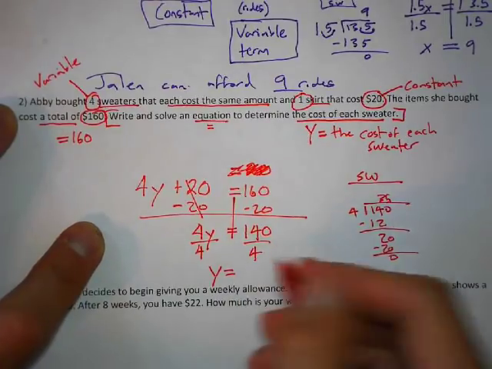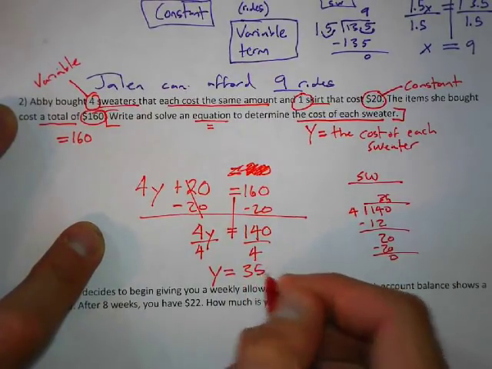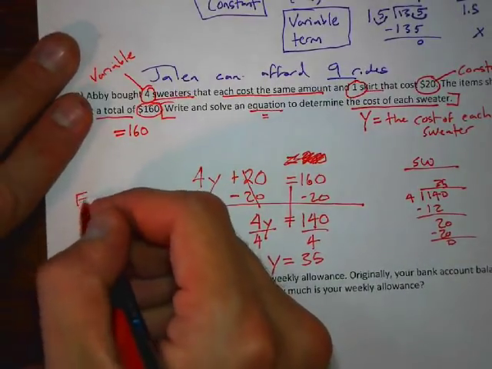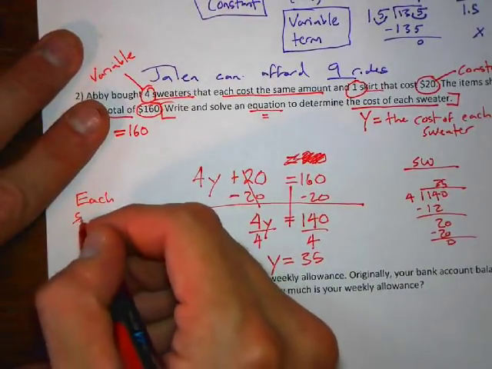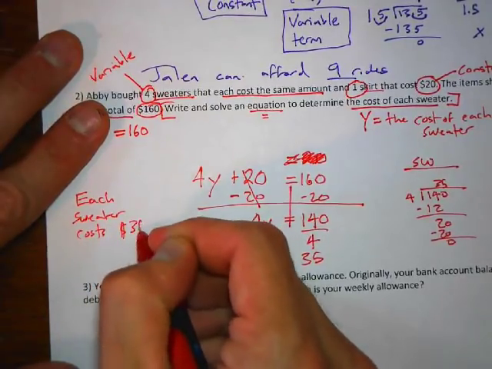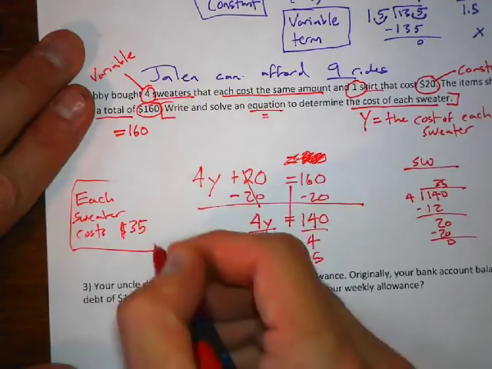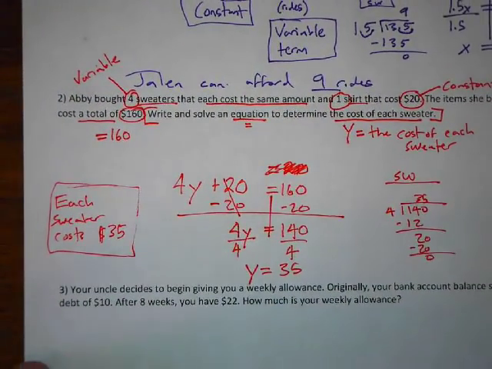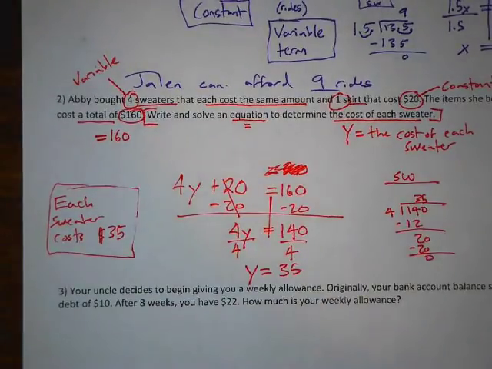Which means y is equal to $35. And I'm not done yet. Let me put that into a sentence. Each sweater costs $35. Alright, that is a reasonable answer, so I can tell I'm on the right track. Must have done something right.